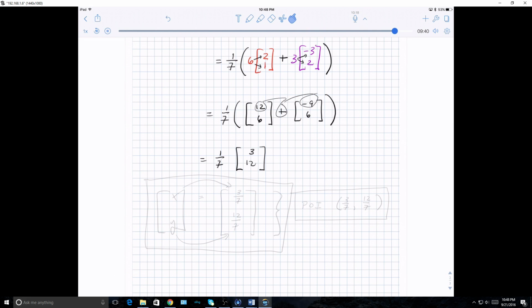So all we have to do now is multiply by the scalar and get 3/7, 12/7. And that is the solution to the problem. Now that tells us that x is this number, y is that number, but you can also talk about the point of intersection as a general point, 3/7, comma 12/7.